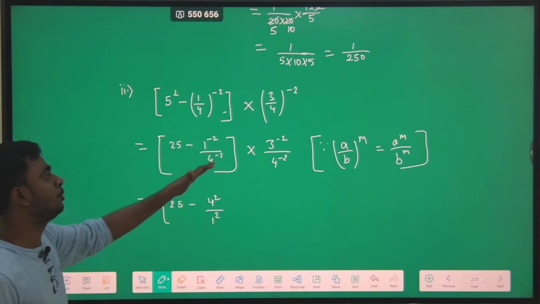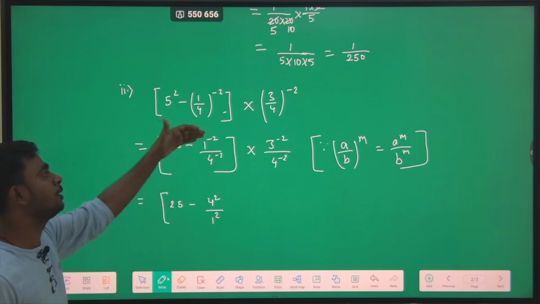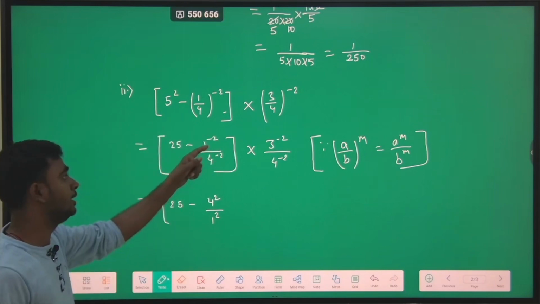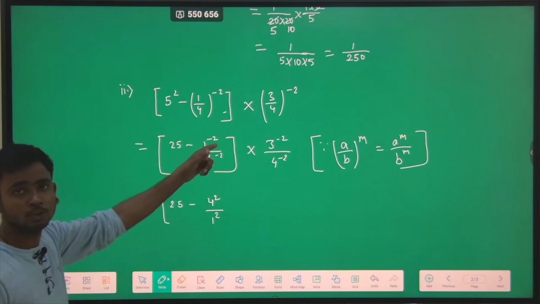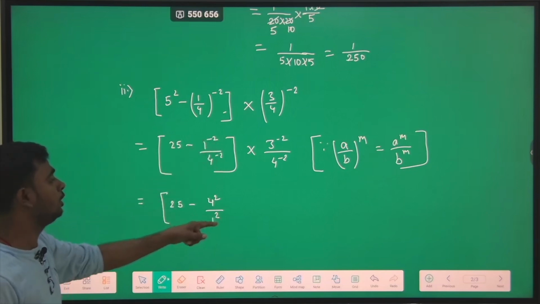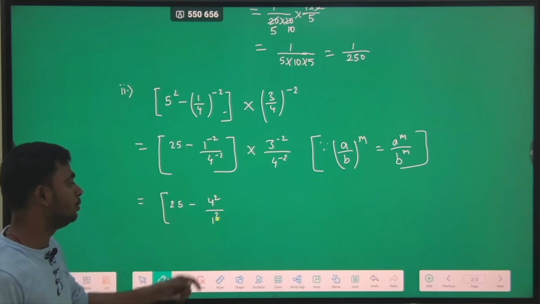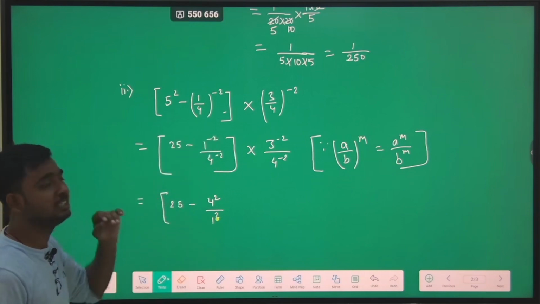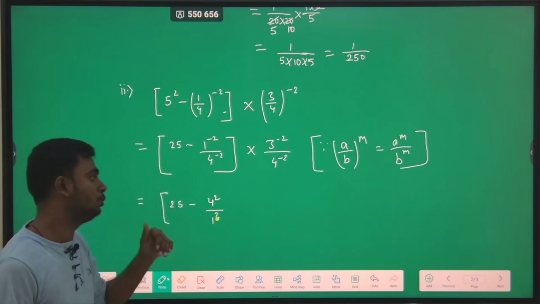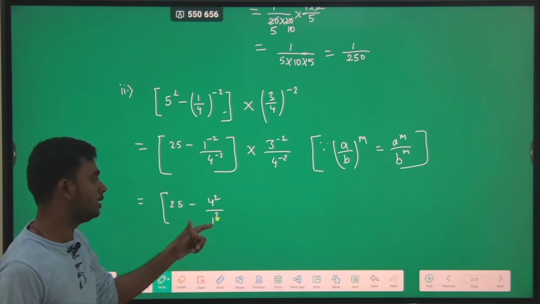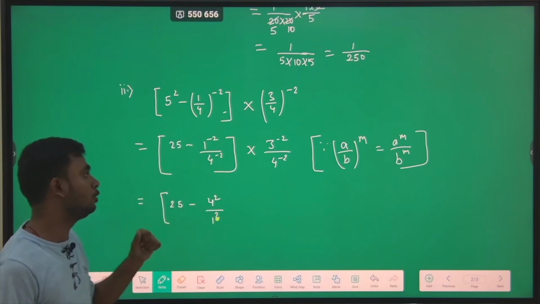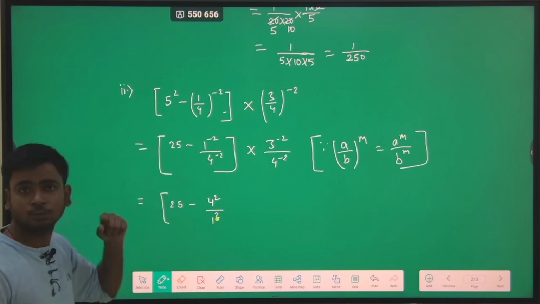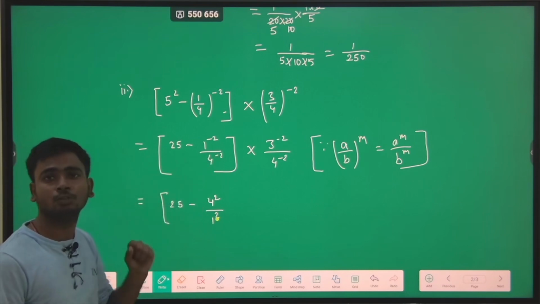This 4 to the power minus 2 in the denominator will become 4 to the power 2 in the numerator, and this 1 to the power minus 2 of the numerator will become 1 to the power 2 in the denominator. What we did: 1 to the power minus 2 we can write as 1 upon 1 to the power 2, therefore here in the base, in the denominator, we wrote 1 to the power 2, and 4 to the power minus 2 we can write as 1 upon 4 to the power 2.